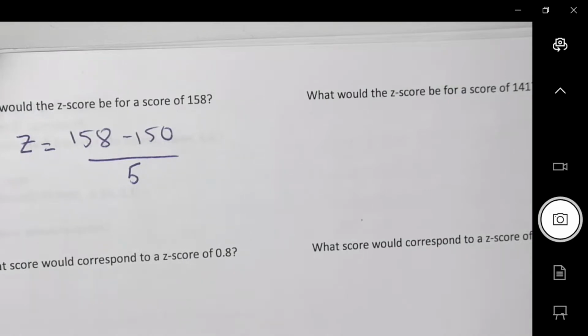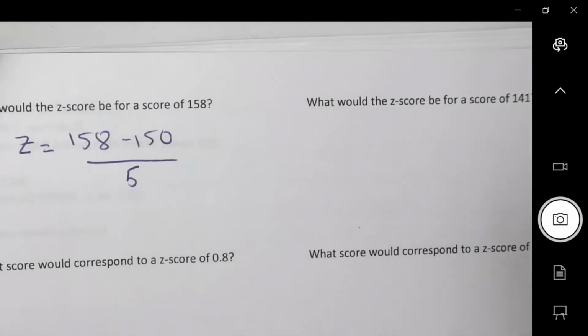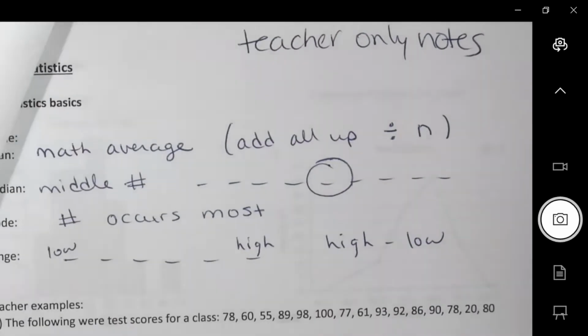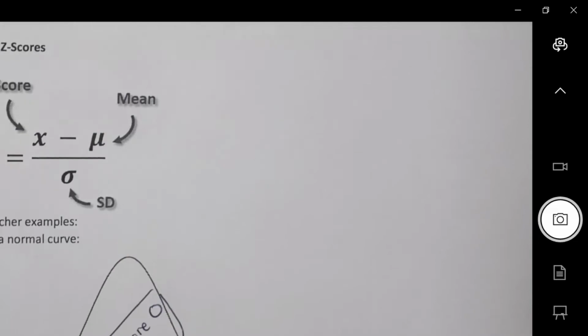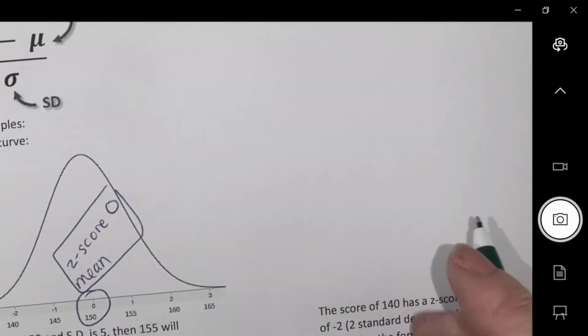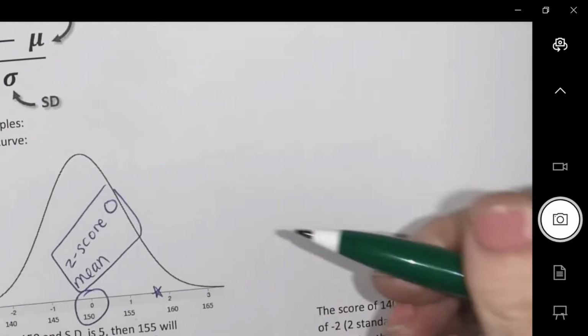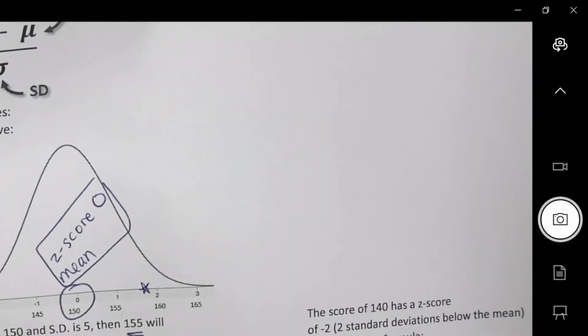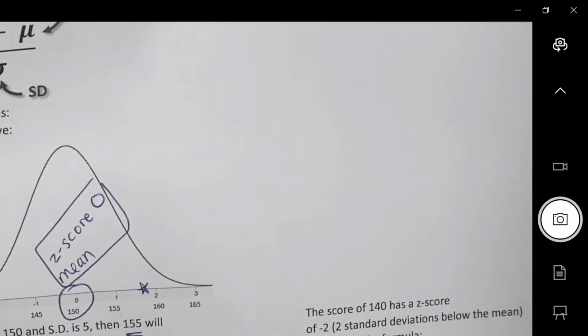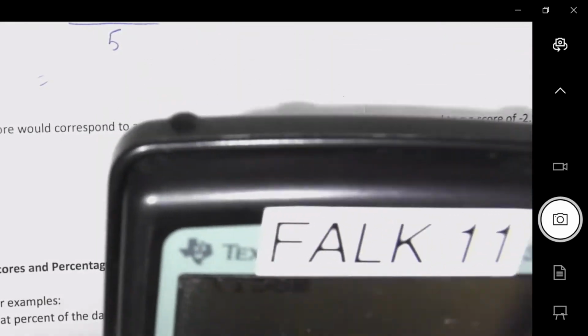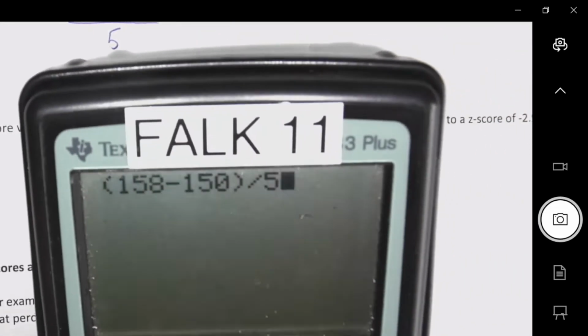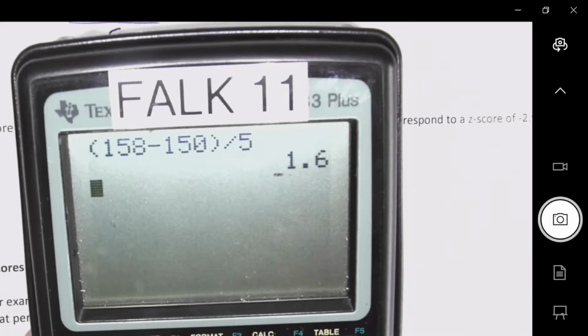Okay, I'm going to predict what my z-score is before I do this though. 158, if I look at my curve, 158 is right here-ish. So my guess, I can guess like a 1.7, something like that is a realistic answer. So I'm doing this in brackets. Divide by 5, and I get 1.6.